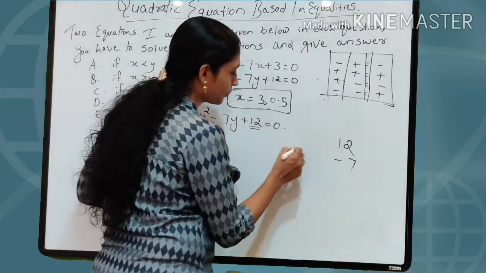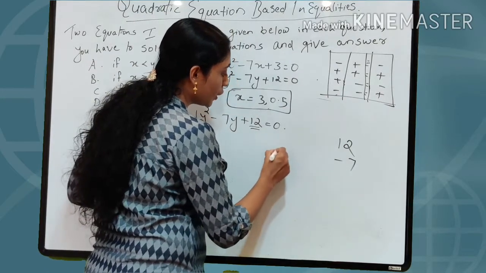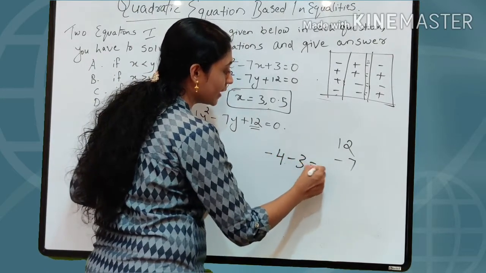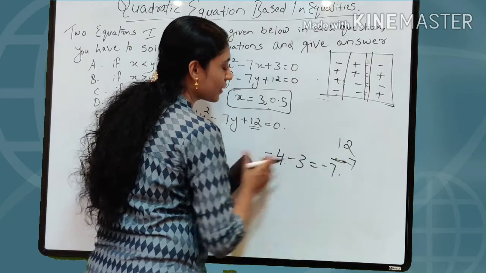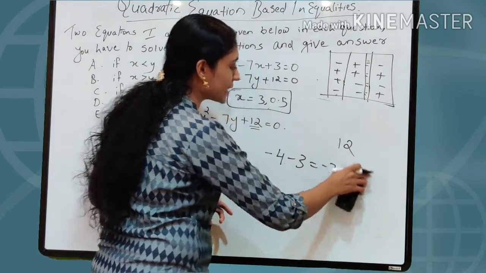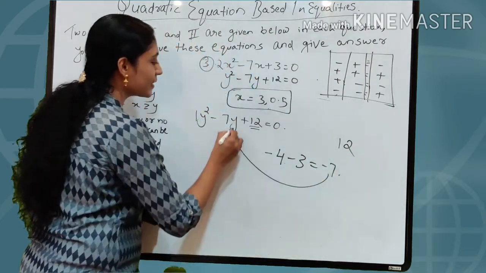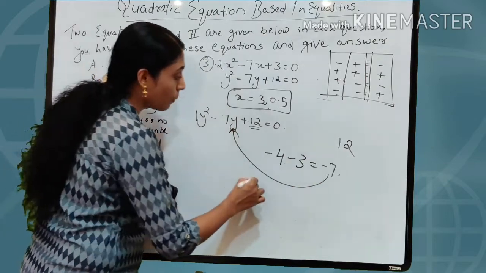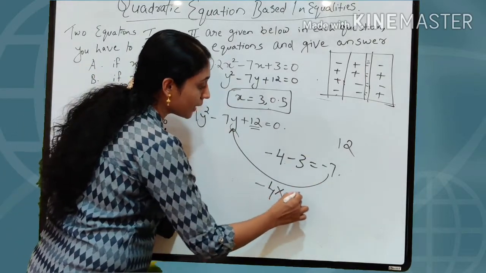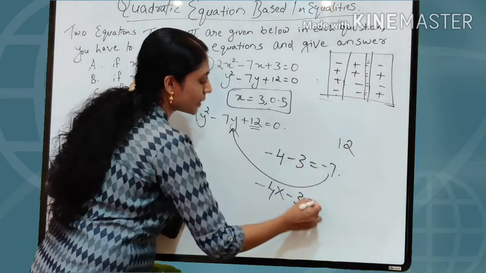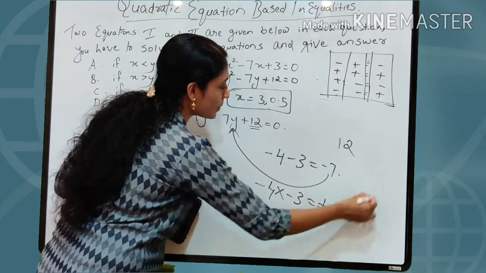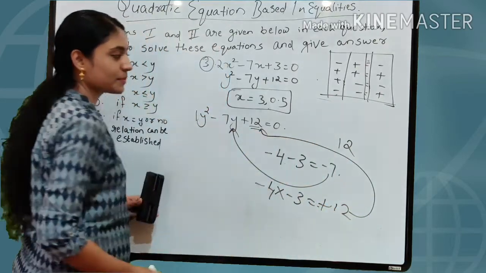Yes. Why? Because when we do minus 4 minus 3, it is minus 7, and that is the middle term. And when we do minus 4 into minus 3, minus minus is plus, so plus 12. And this plus 12 is the constant term.